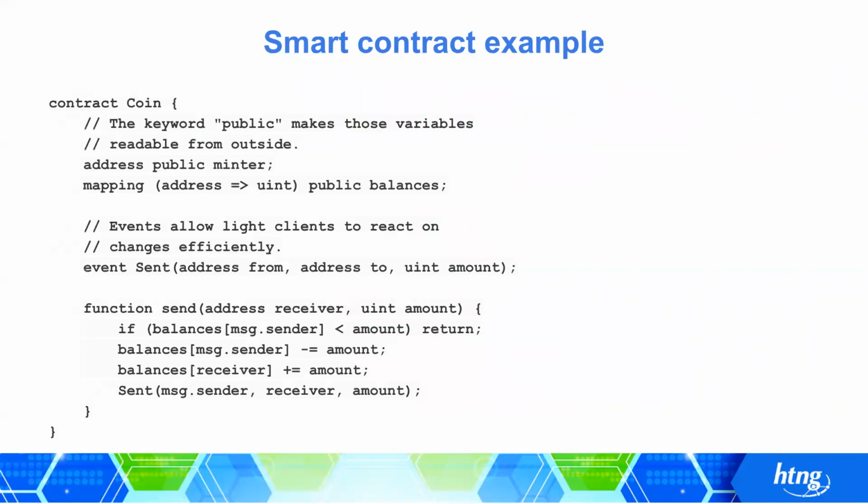For example, just a smart contract written in Solidity. As you can see, it's a typical example of a cryptocurrency, and it's obvious to understand what exactly is going on.